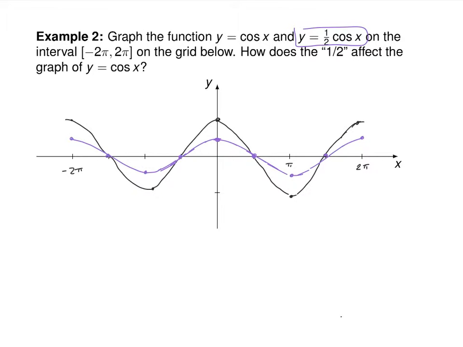So roughly speaking, there's a graph of 1/2 cosine x. What is the amplitude of that graph? 1/2, yep. So it takes the y's and multiplies them by 1/2.